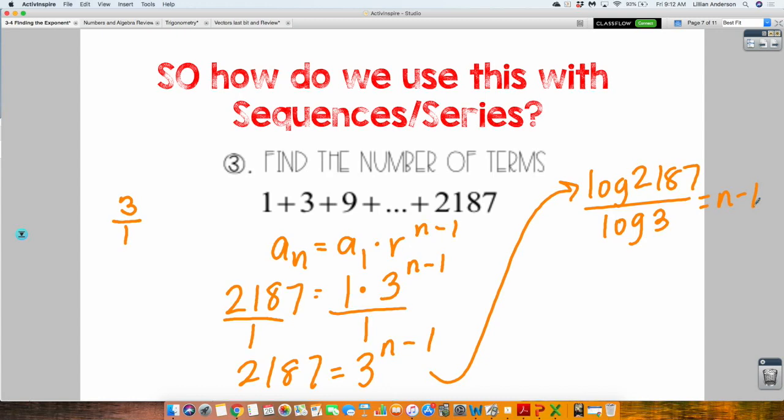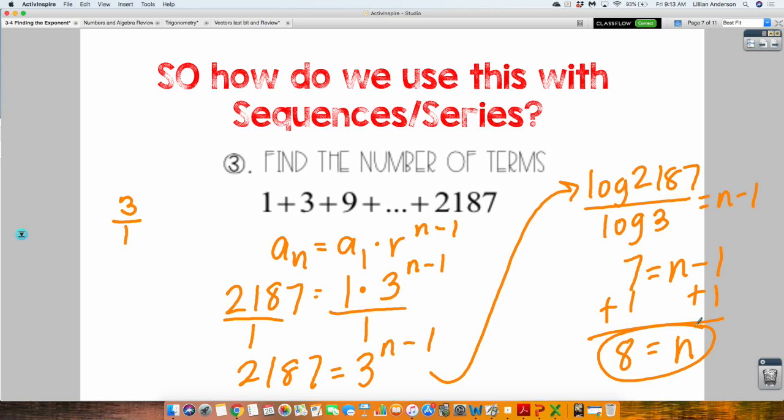If it's not, you've done something wrong. So 2187 log divided by 3 log equals, and we're going to end up getting 7. So 7 equals n minus 1. So add 1 to actually figure out what term it is, and 2187 is the 8th term. It is the 8th term.